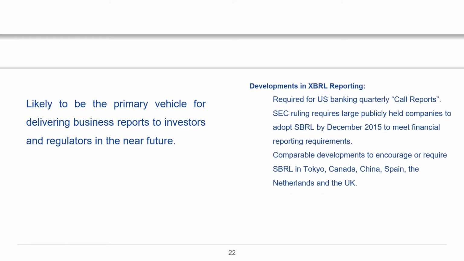Development of XBRL reporting. You can see here in the US in December 2015, the stock market in the US required large publicly held companies to adopt XBRL, and also in Tokyo, Canada, China, Spain, Netherlands, and UK.